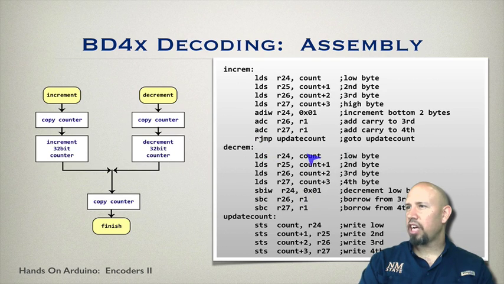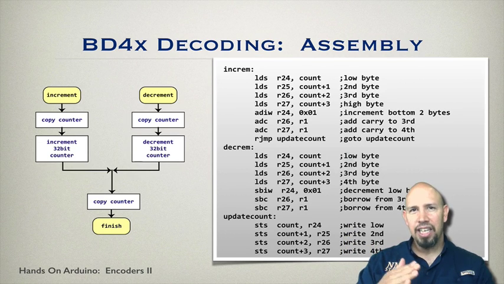We do the same thing with decrement, but instead of doing add immediate, we're doing subtract immediate. So this is a full 16-bit decrement, and then we continue to include the upper bytes this way. This will actually keep track of the fact that if you went from 0 negative, it will flip all the bits of the 32-bit number.